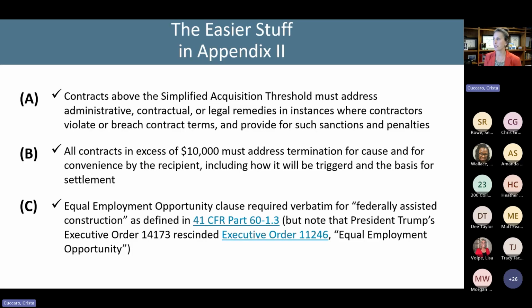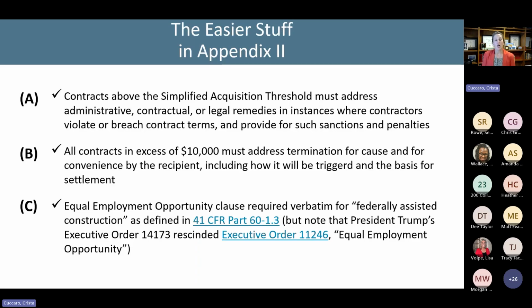Termination for convenience, again, I assume that you already have this in your contracts. It's really common in public contracts that the public entity has the ability to terminate the contract for whatever reason it desires or no reason at all. That's why it's called termination for convenience. It's merely for convenience.